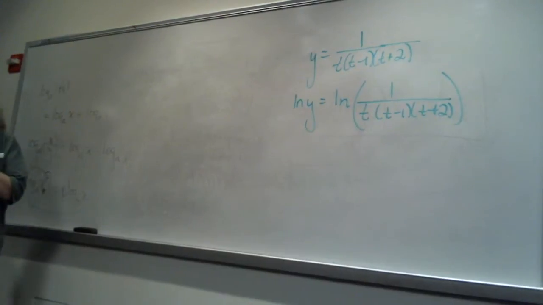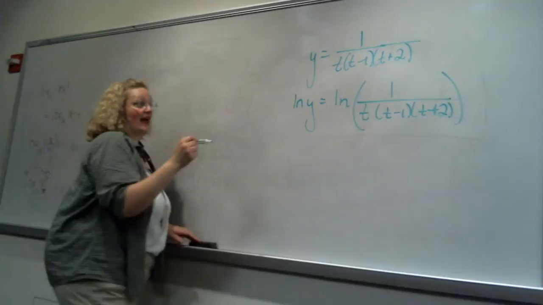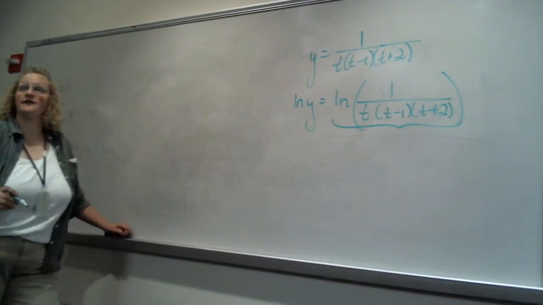It's inside of the log, which means you have to use what? And what did we do yesterday? It was a form of chain rule. It was specifically called what? Implicit differentiation. But before we do that, why would I care about the fact that it's the log of that stuff?